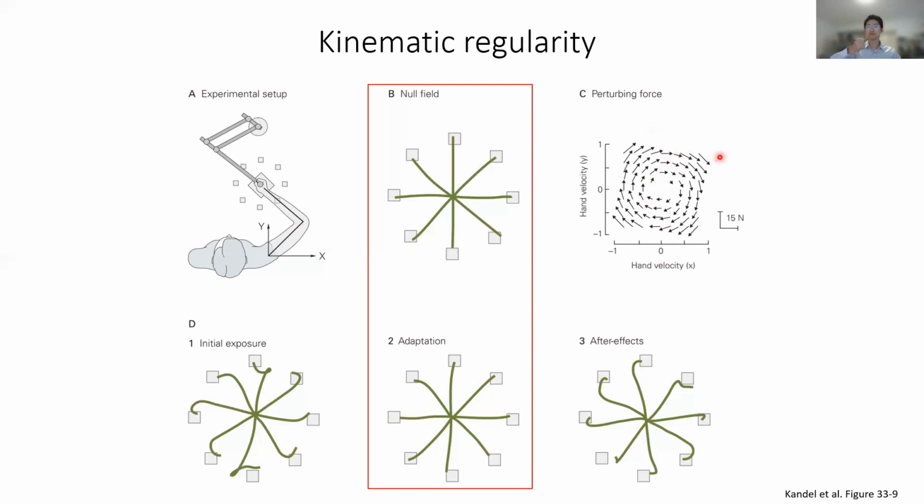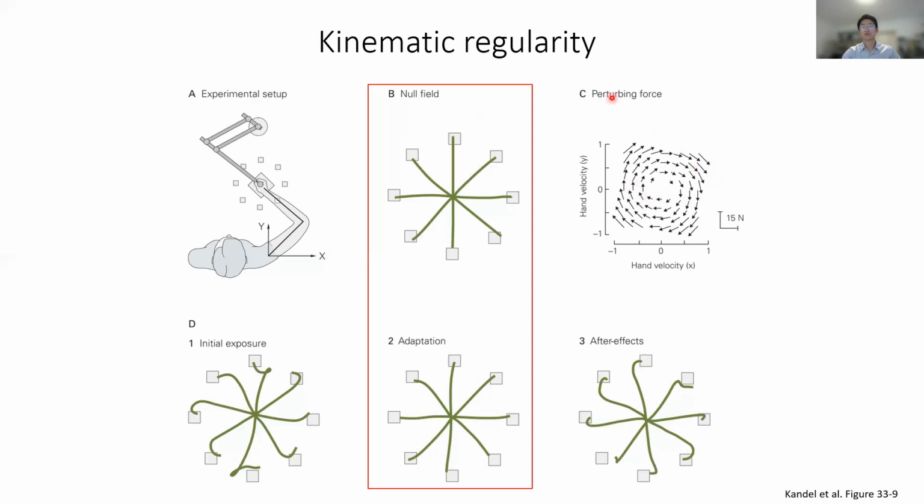So it means if you move straight along the y-axis, your hand will be deviated to the side. And the same if you move horizontally, along the x direction, you will have a vertical perturbation of the hand. This is also a very typical perturbation used in many human movement studies, particularly in hand reaching movement.